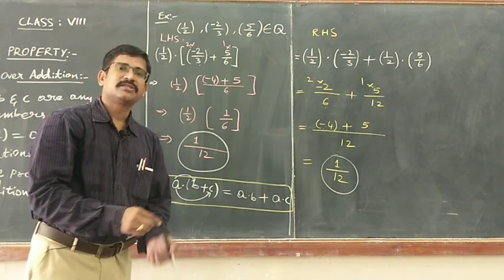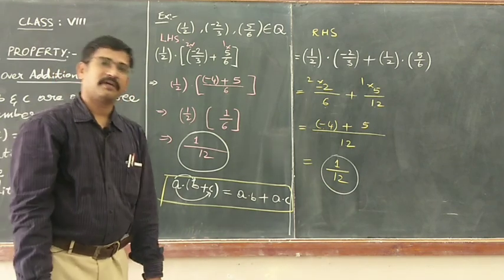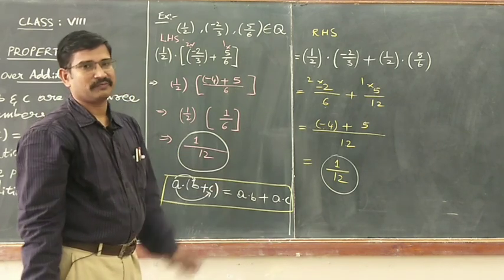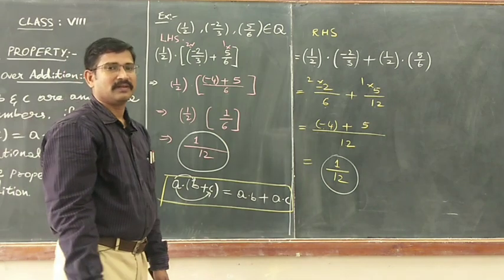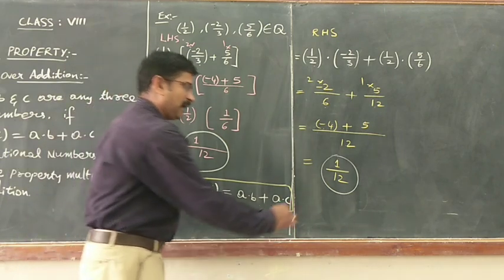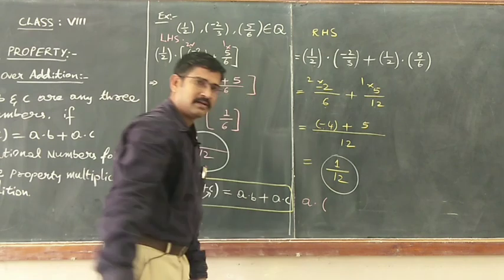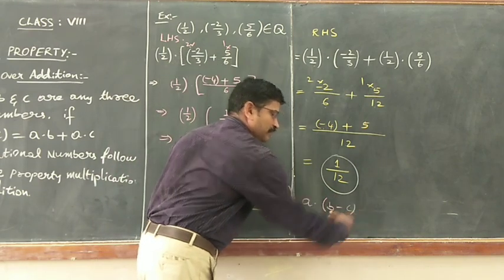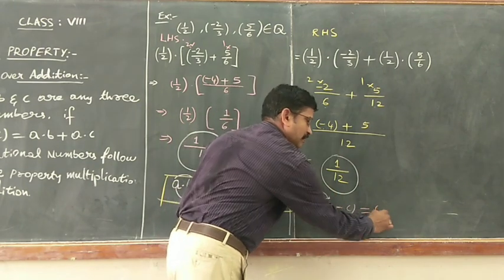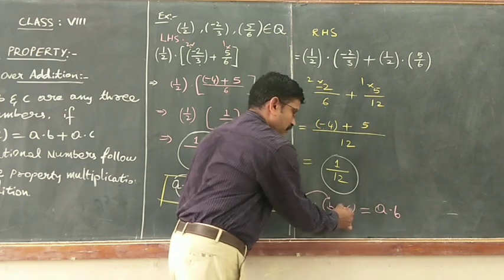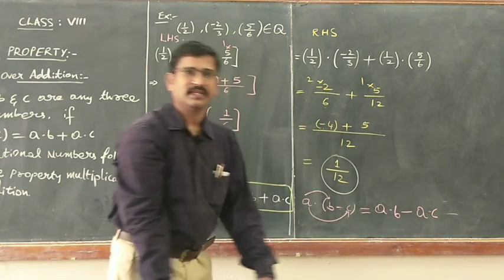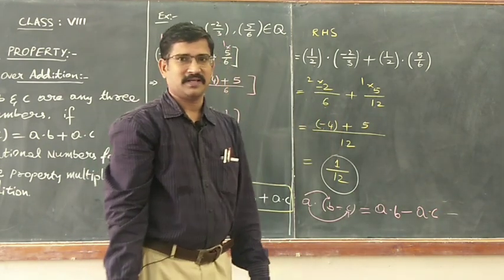Next, the distributive property, multiplication over subtraction, we can check here for any set of 3 rational numbers. Only the simple change is that A multiplied over the difference of B and C will be A into B minus A into C. This also you have learned in your 7th standard for whole numbers as well as integers.